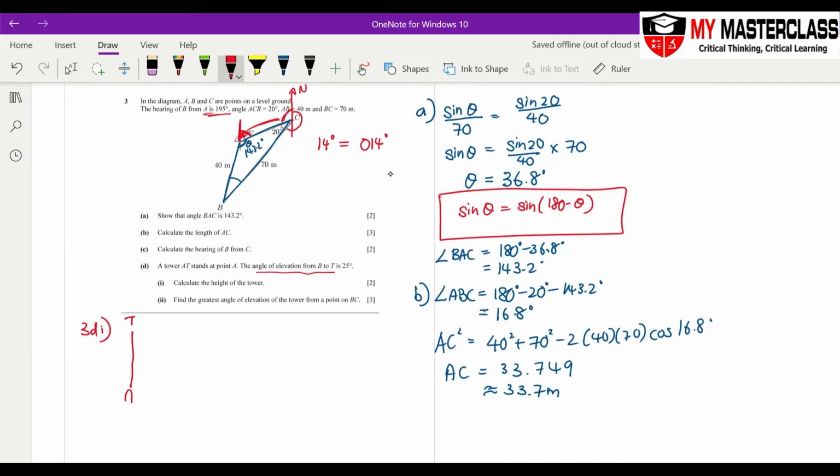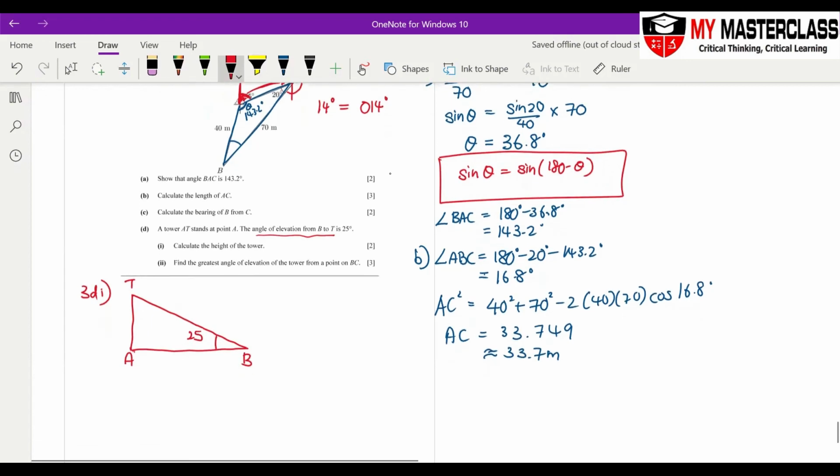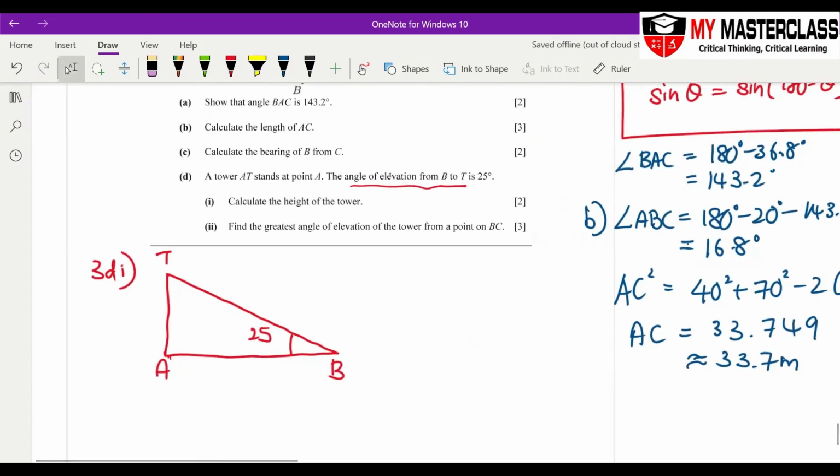T is here, A is here. Then it goes to B, because they say that the angle of elevation of B to T is 25. When you do an angle of elevation question, T is always on top of A.